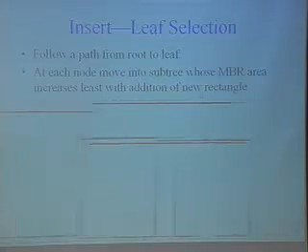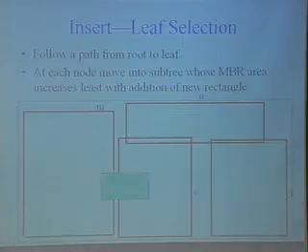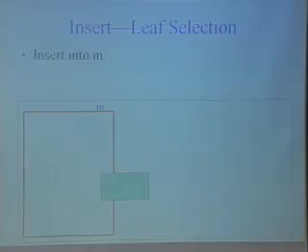All right, so I'm trying to insert a rectangle into my example R tree, and this is what I see at the root. And here is the rectangle I'm trying to insert. Well, if I insert it into the leftmost subtree, then the MBR is going to change from M to this one.